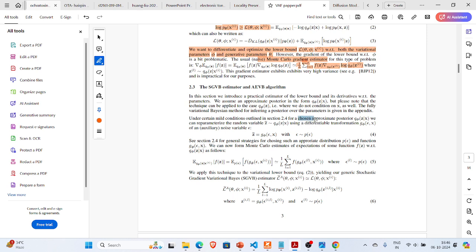So we've chosen an approximate posterior distribution here, and we can reparameterize the random variable z using a different transformation. We're using this transformation g of phi, e, x for the auxiliary noise variable eta.